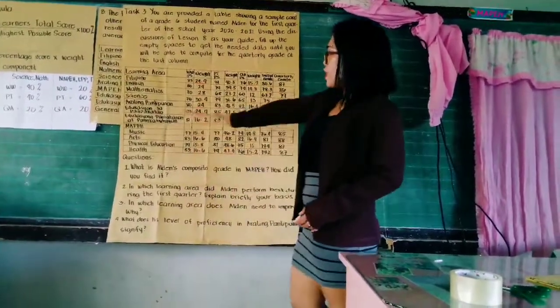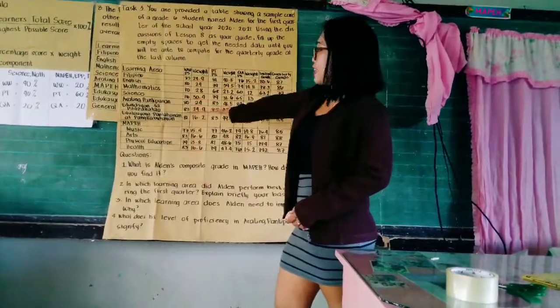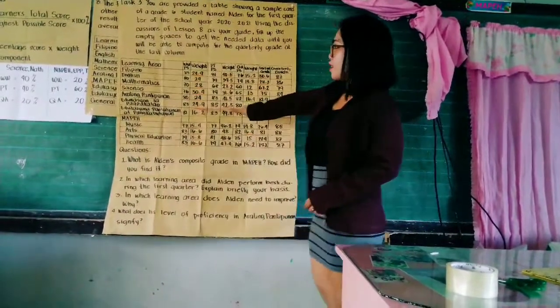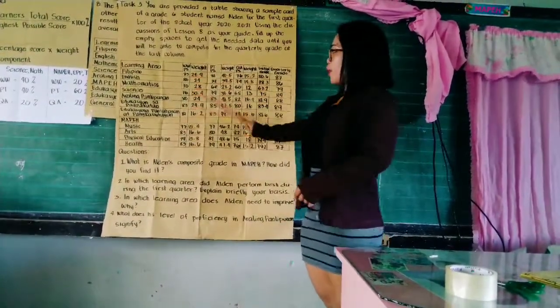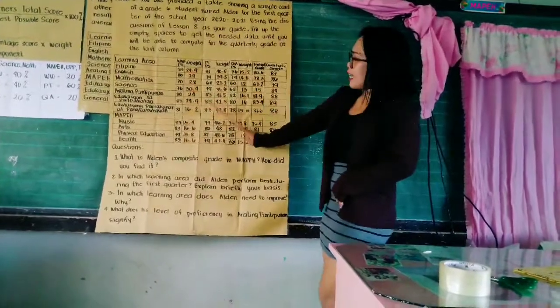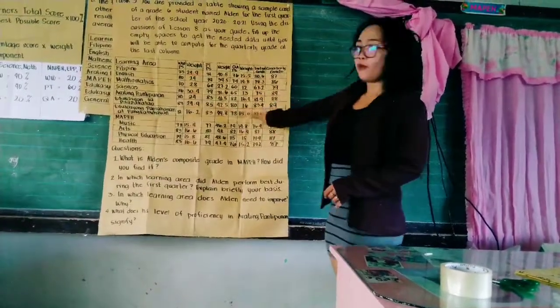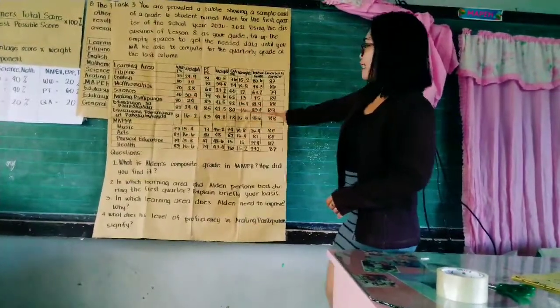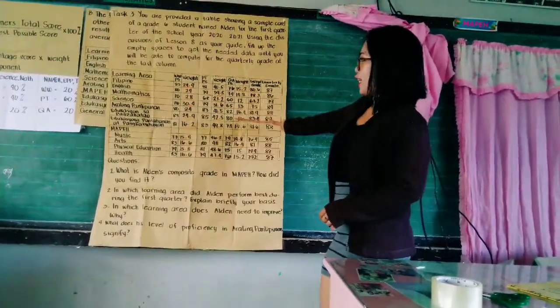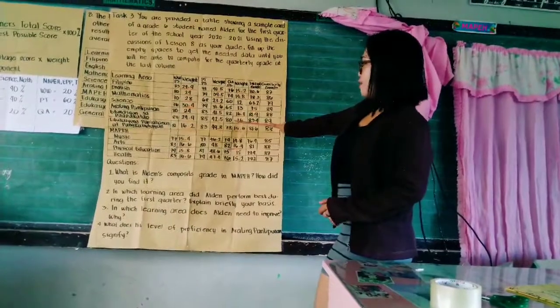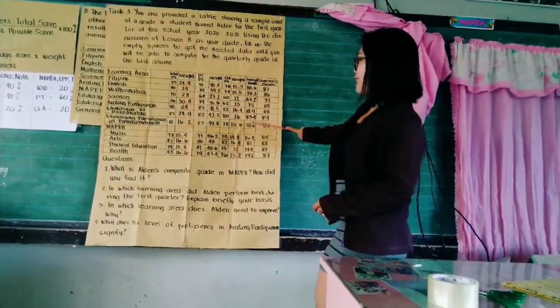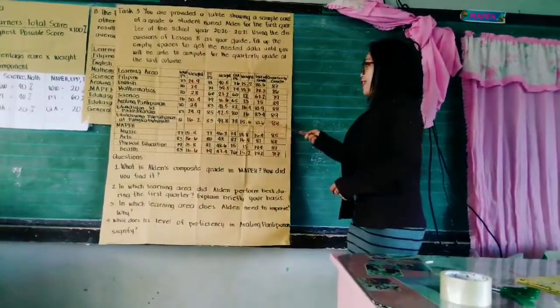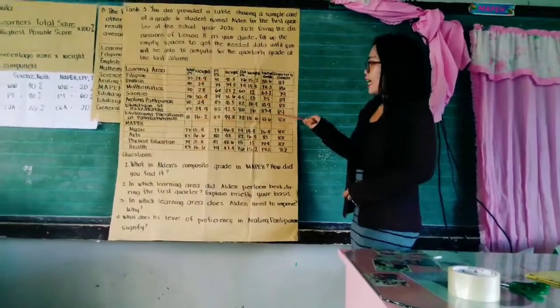So, in Edukasyon sa Pagpapakatao, 83 times 30% for the written works equals 24.9. Then, 85 times 50% for the performance task equals 42.5. 80 times 20% for the quarterly assessment equals 16. Then, the total is 83.4. Then, the transmuted grade is 89.